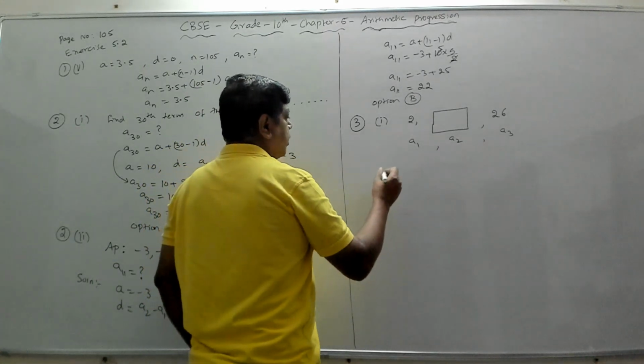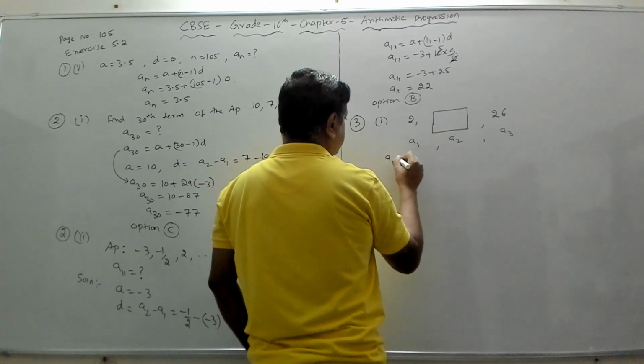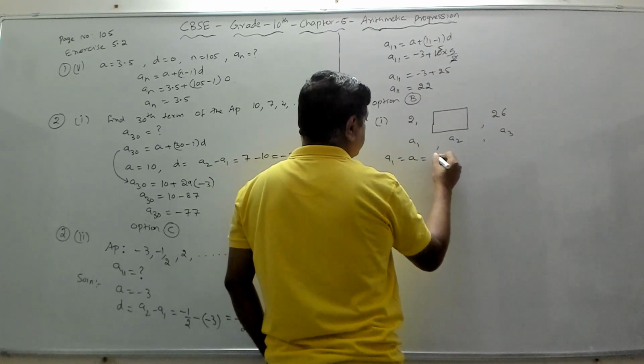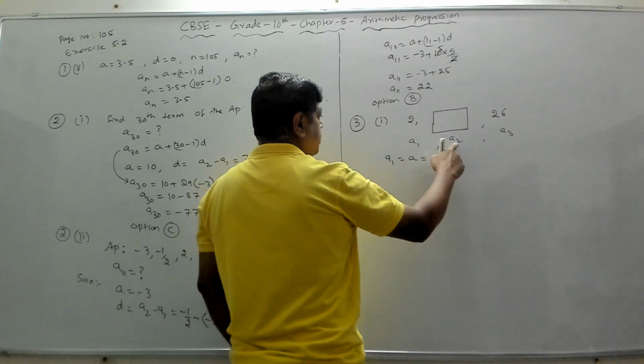Now what is our A1? The first term, which we call A, is 2. So A1 is 2. And what is A2?